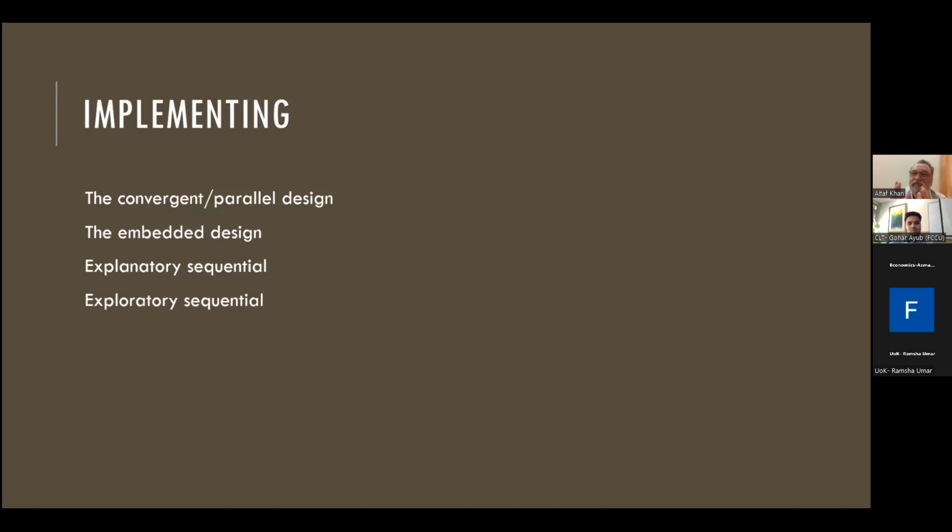I'll somehow mix the convergent parallel with the exploratory one. I'll move on and keep in mind that I have a quantitative instrument to use, and if I get an opportunity to use it while I'm doing the qualitative one, I'll use it.